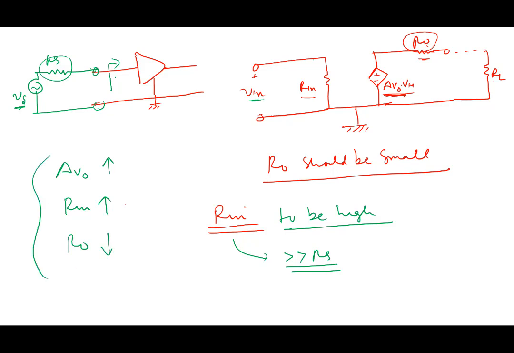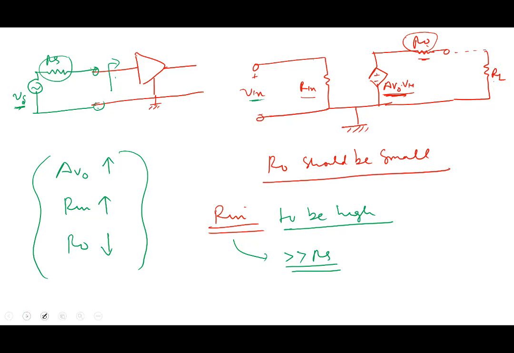These are the things that you're looking for from a voltage amplifier. Large AV0 is obvious, large Rn and small R0.